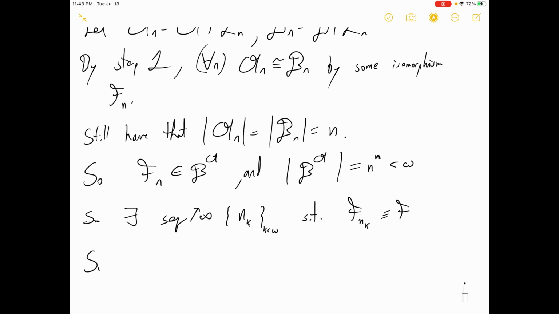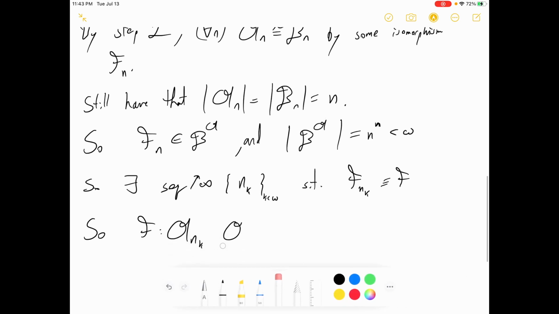So if you think about it, f, whatever this constant map that you've cofinally returned to, f has to be an isomorphism from A sub n sub k onto B sub n sub k. This is for all k.